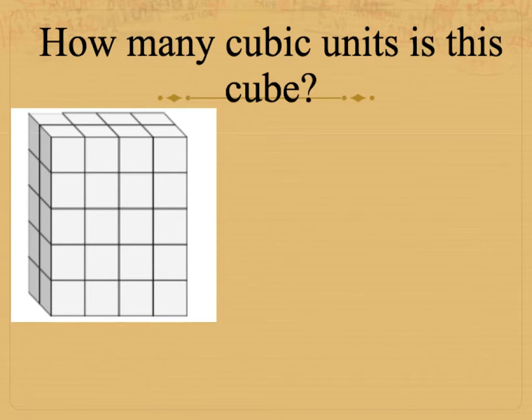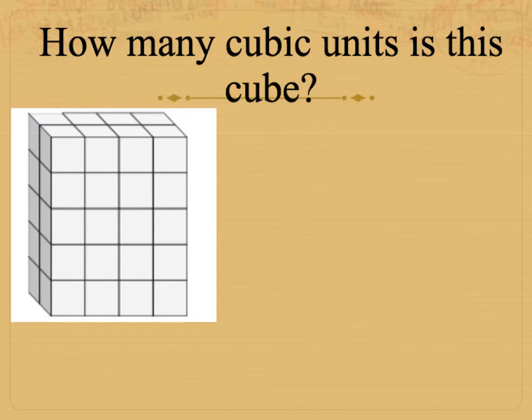Alright, so we talked about what a cubic unit was. Now a cubic unit is one cube that makes up a much larger shape. Cubic units are how we measure volume. So to find the volume of the shape, what I can simply do is count how many cubic units are in this cube. So right now, let's just take a minute and count how many cubic units are in this cube.